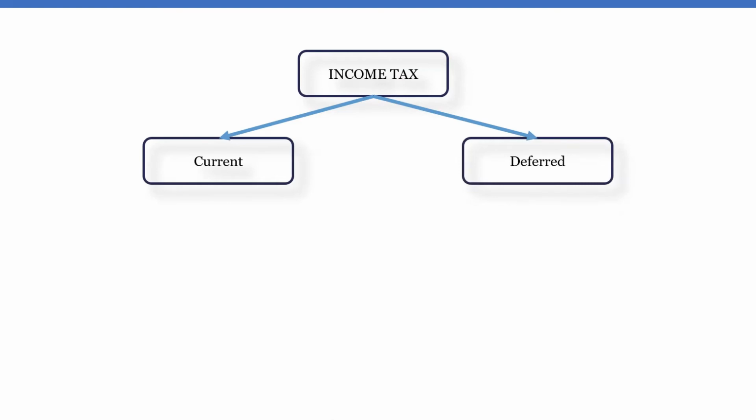So ano ba yung difference nila? As to substance, yung current income tax is payable to tax office. Pag sinabi natin na ito yung tax due, ito yung current. Yung deferred naman, ito ang substance niya is yung accounting measure.